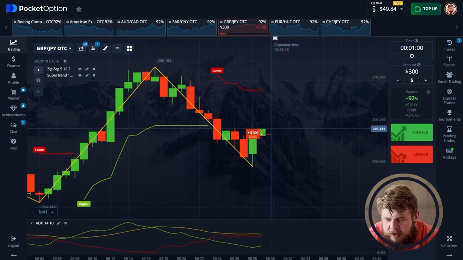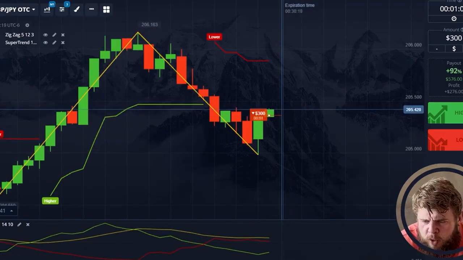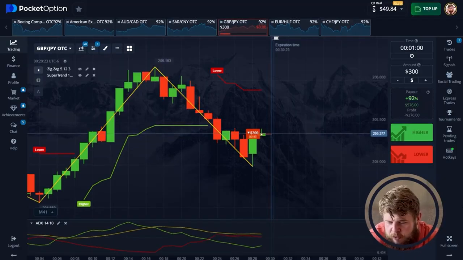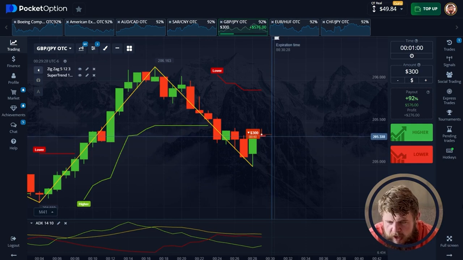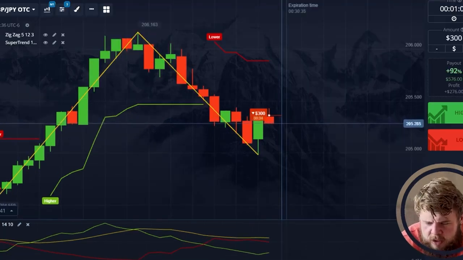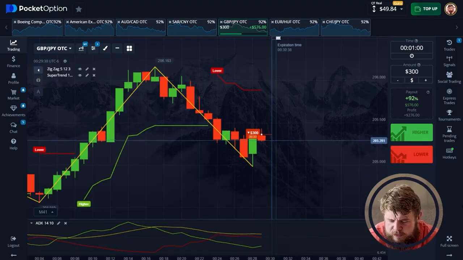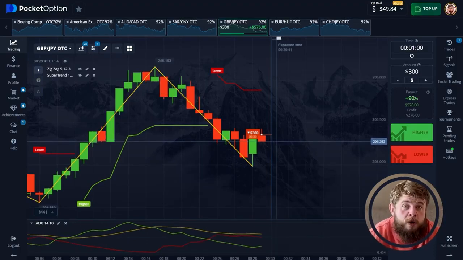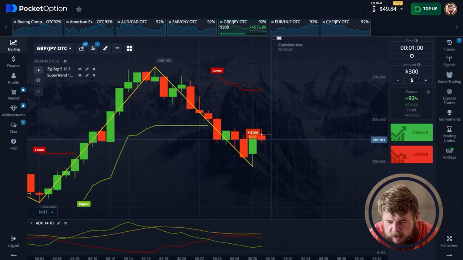According to the SuperTrend, we're in the sell zone. And we still don't have the confirmation from the ZigZags that we are ready to grow, so ZigZag is also telling us that we're in the sell zone. That's why, of course, we have open sell position. Everything's very simple.